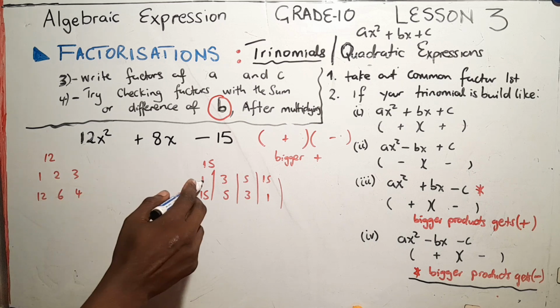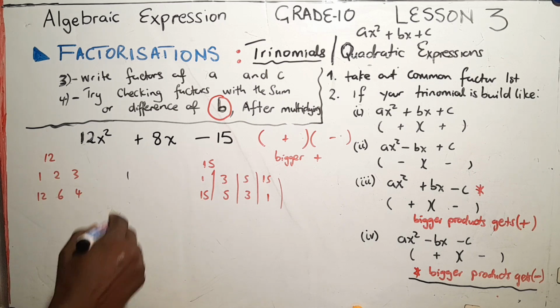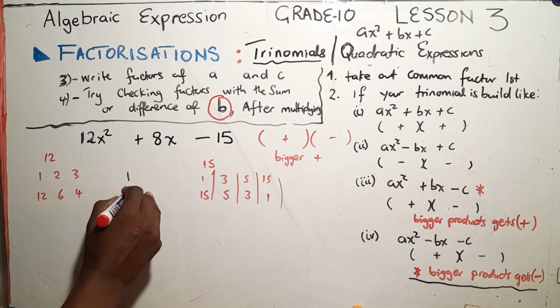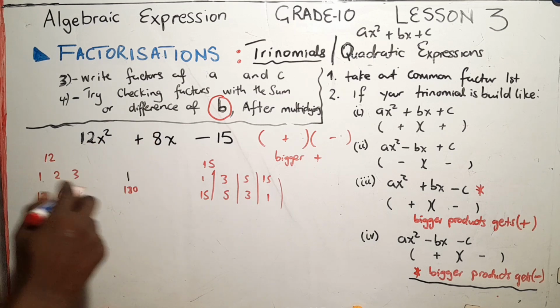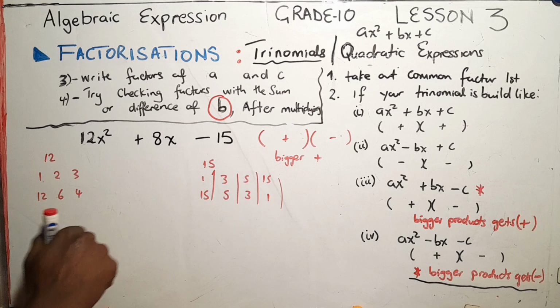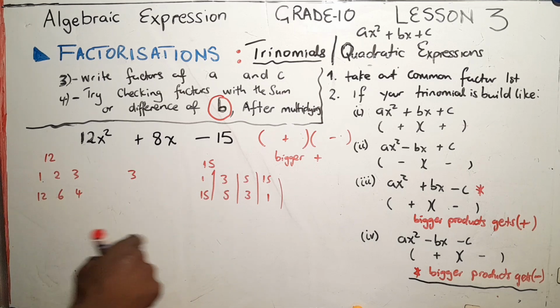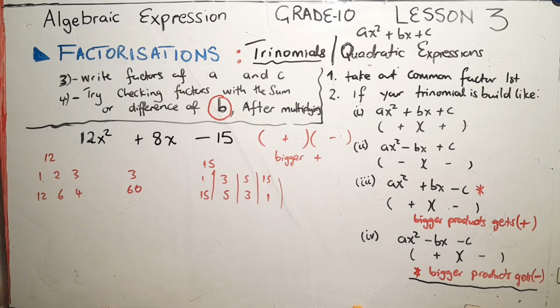So 1 multiplied by 1, we get 1. And 12 multiplied by 15, obviously is a large number, which is 180. So 180 obviously can't give us the difference of 8. So it means that these values won't work out. So let's try 1 multiplied by 3. It gives us 3. And 12 multiplied by 5, it gives us, is it 60?